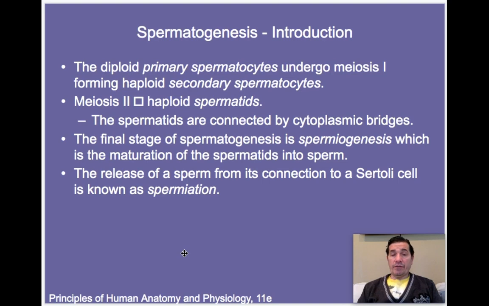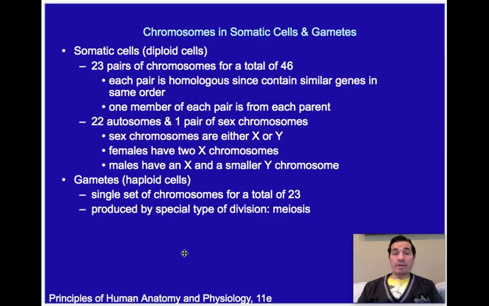Meiosis has a two-cell division process as opposed to mitosis. Mitosis is a one-cell division process. So I just want you to realize that. And it happens in the seminiferous tubules.